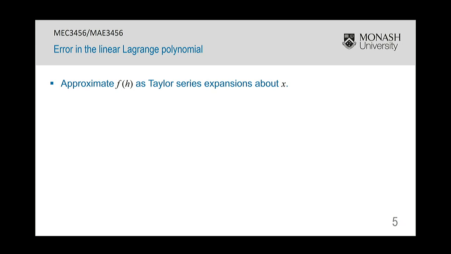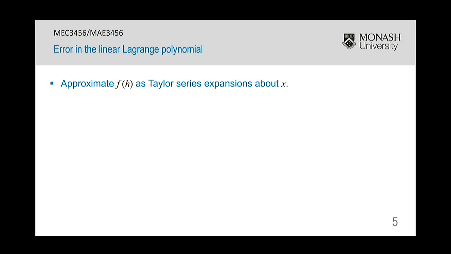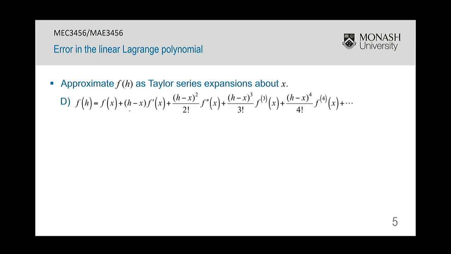Let's look at the other way of looking at this. Let's approximate f of h as a Taylor series expansion about x. This then gives us equation D. So f of h is equal to f of x plus h minus x times f dashed of x plus h minus x squared times f double dash plus these higher order terms.